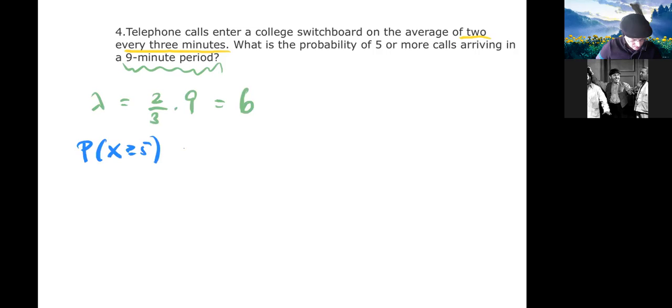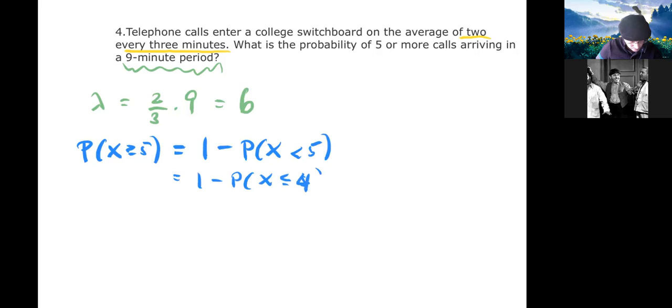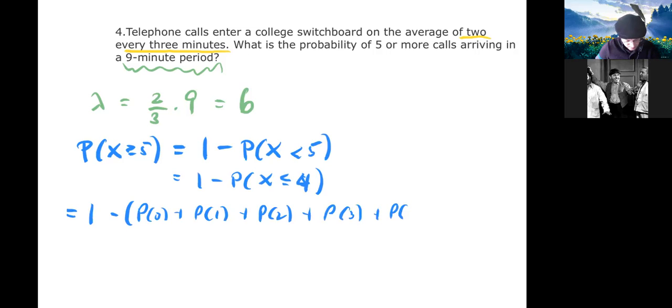Now, the easiest way to do this, or pretty much the only way for us, is to take the complementary probability: 1 minus the probability that x is strictly less than 5, which is 1 minus the probability that x is less than or equal to 4. Using the PMF notation, that's 1 minus P of 0 plus P of 1 plus P of 2 plus P of 3 plus P of 4. And this one I'll write out.